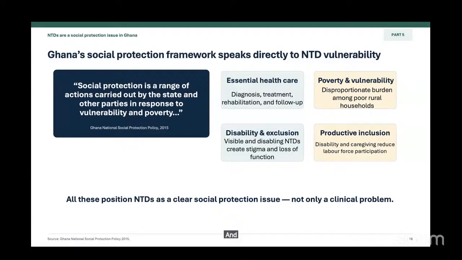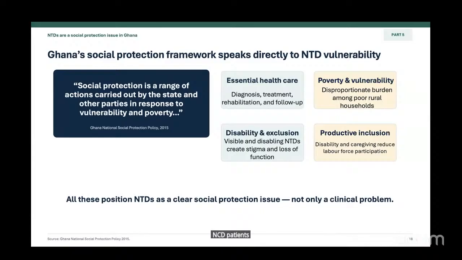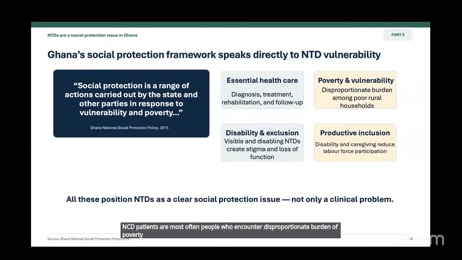And if you look at the essential components of NTDs, it has everything that should make an NTD patient or an individual experiencing NTD qualify for social protection. For example, NTD patients need essential health care, including diagnosis, treatment, rehabilitation, and follow-up. NTD patients are most often people who encounter a disproportionate burden of poverty and vulnerability, and this usually happens among rural households.